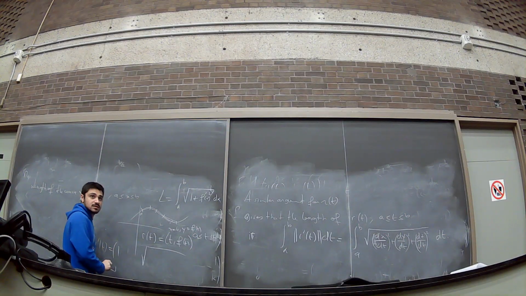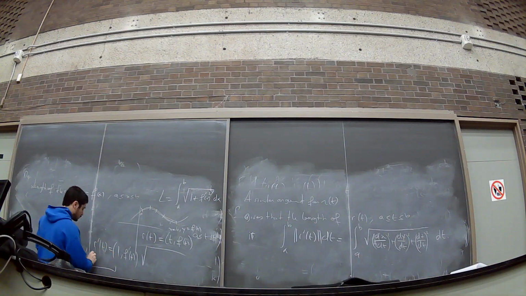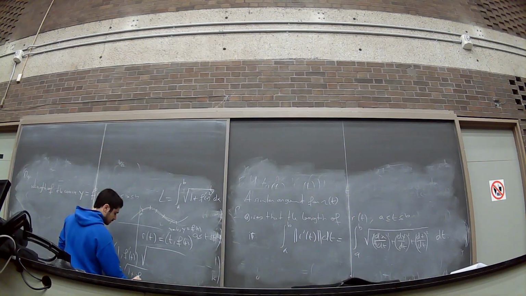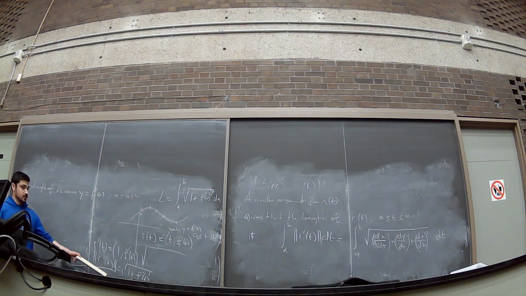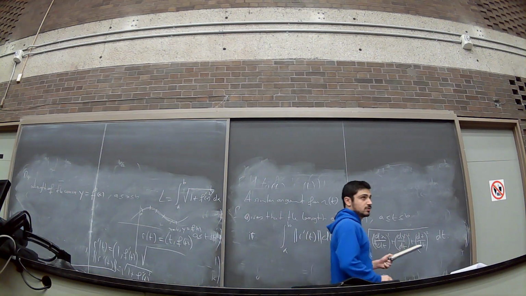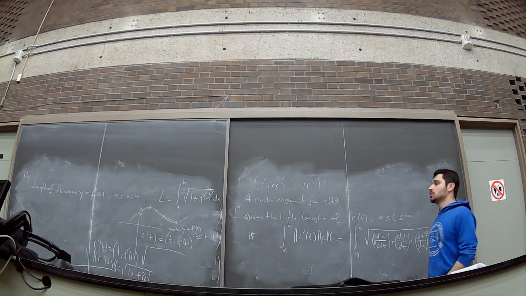What is dy by dt? f prime of t, right? What is the norm of r prime of t? It is the square root of 1 plus f prime of t squared. And you get the same result. This is a bit more general. Okay, enough said.